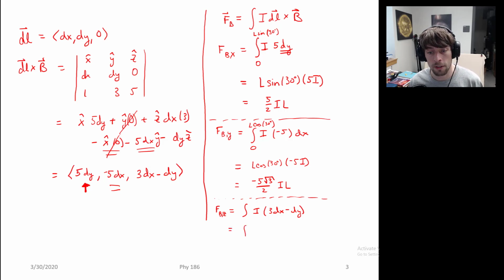This is the integral from 0 to L cosine of 30 of 3I dx minus the integral from 0 to L sine of 30 of I dy. Go ahead, you got it. Right, what does this give me? This gives me 3 √3/2 IL minus 1/2 IL.